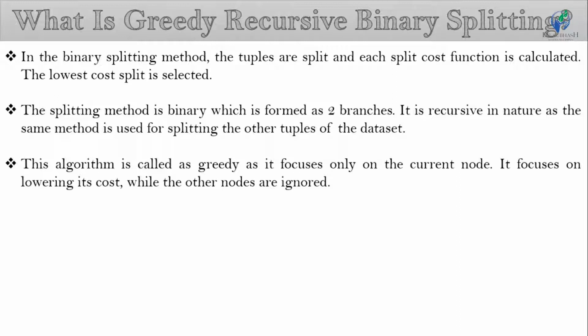Now, for that, how can we select an attribute? An attribute selection measure is a heuristic for selecting the splitting criteria that best separates a given data partition D of class-labeled training tuples into individual classes.